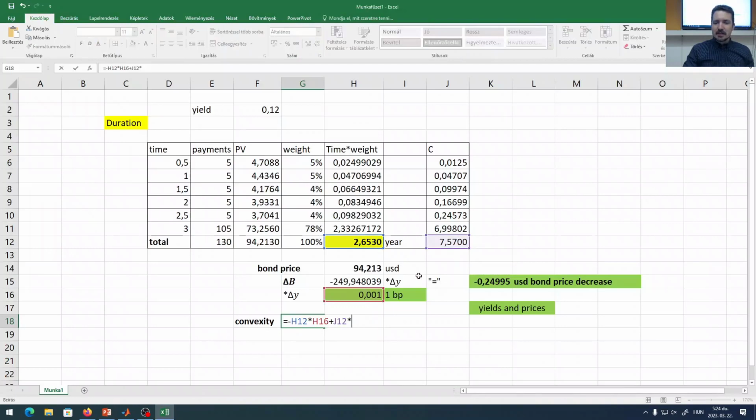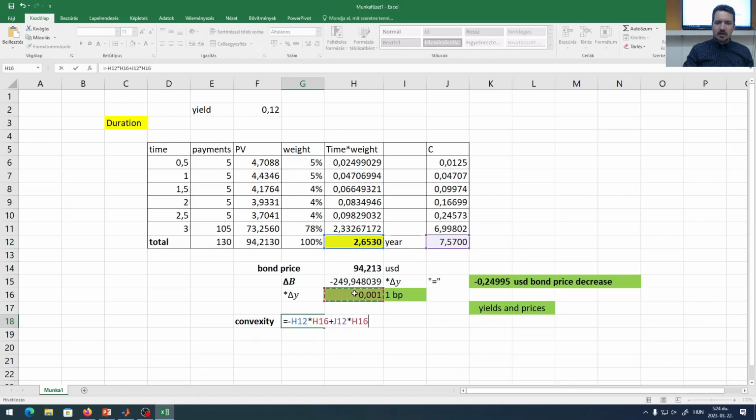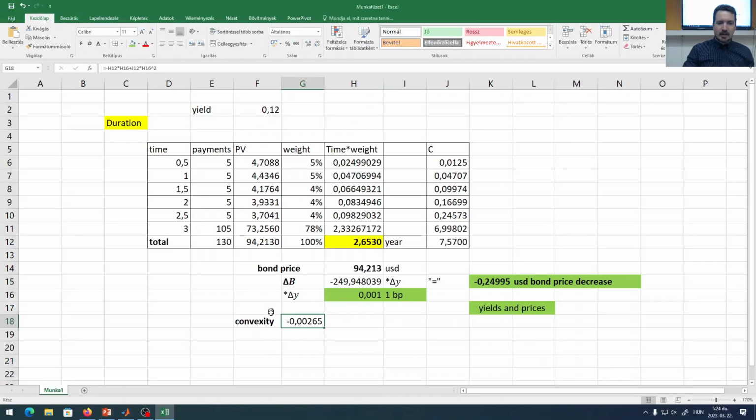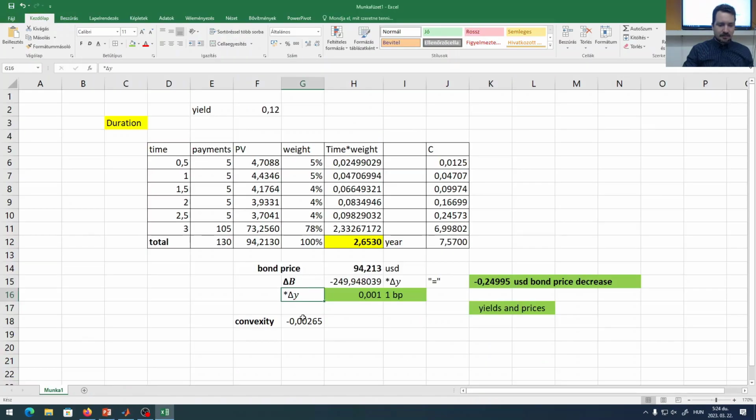Okay, let's see. This one square, so this one, 2% is the change. Okay, then I have to change my references. So let's say second.